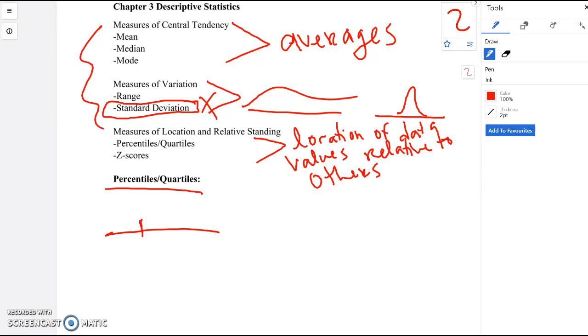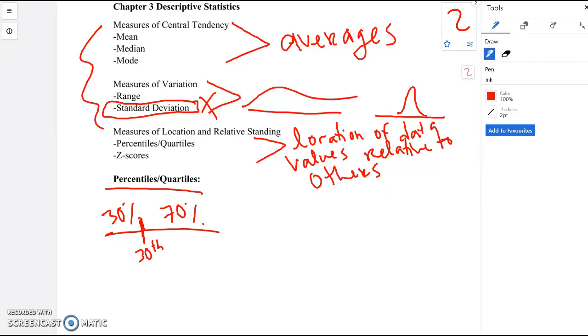If this is the 30th percentile, that means that 30% of the data points lie below it and 70% lie above it. That's basically what a percentile is. It separates the bottom p percent from the top 100 minus p percent.